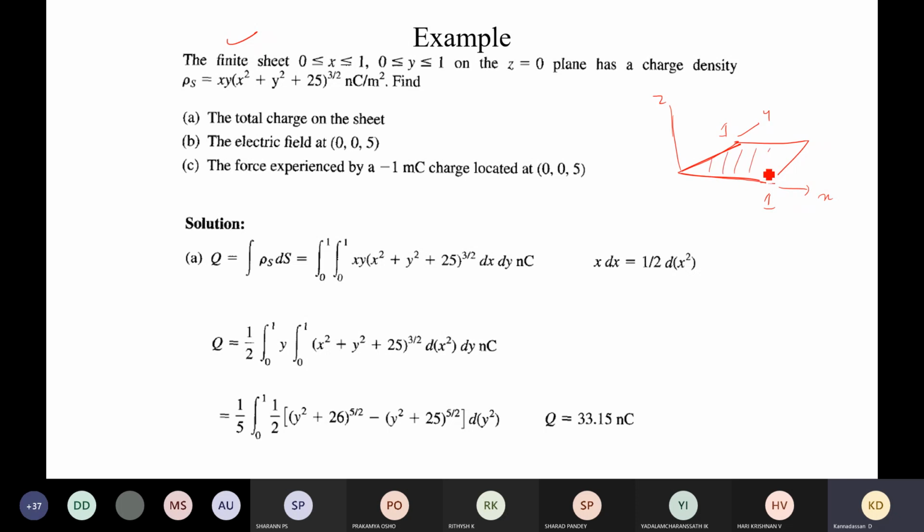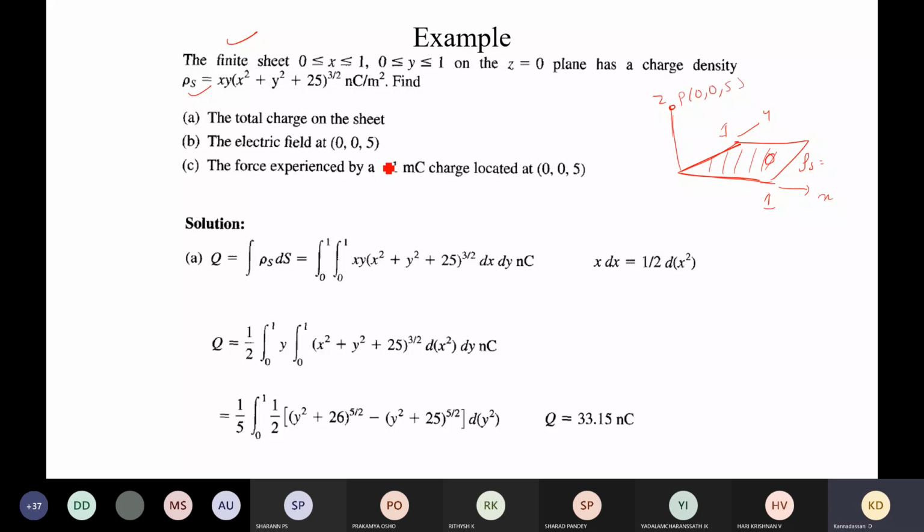This is the sheet charge, and its charge density is not uniform. It varies with respect to the X and Y axes. And a particular point P is at 0, 0, 5.